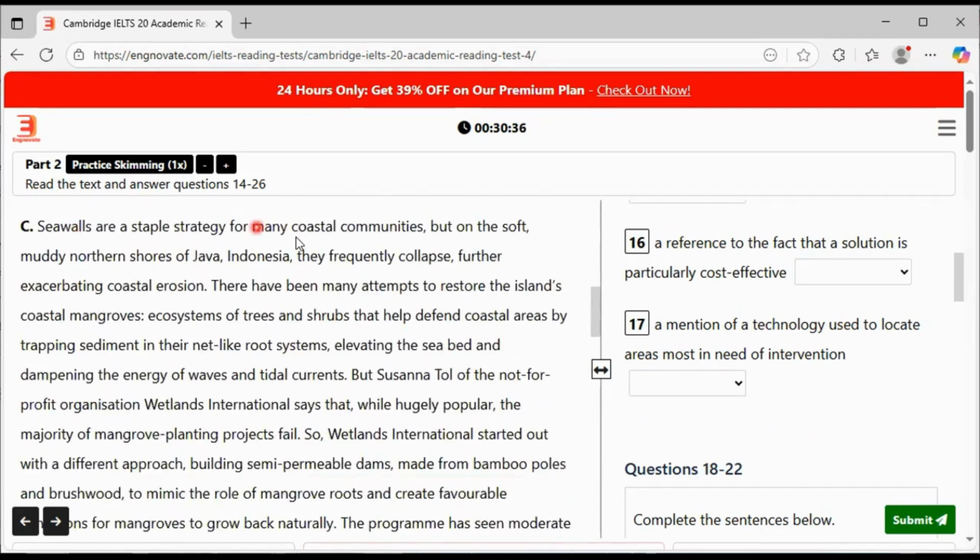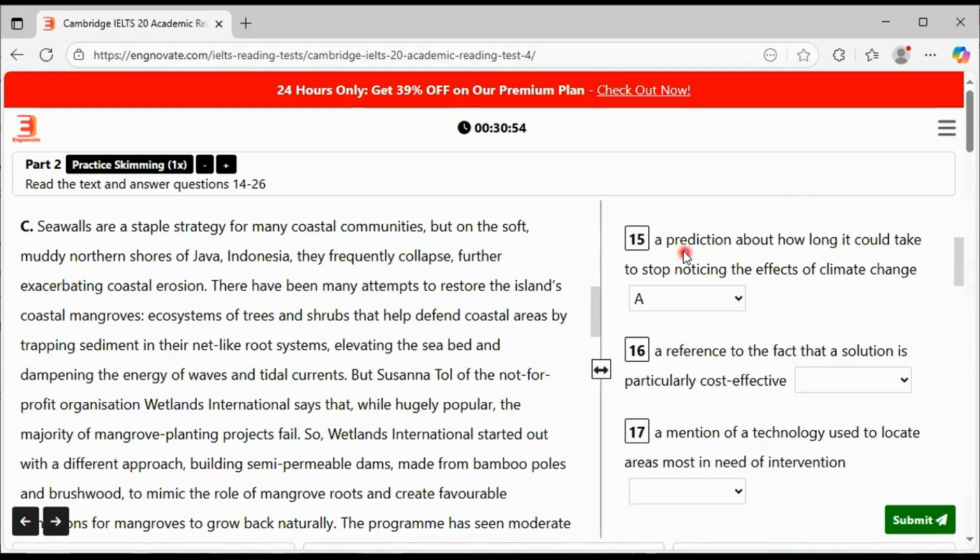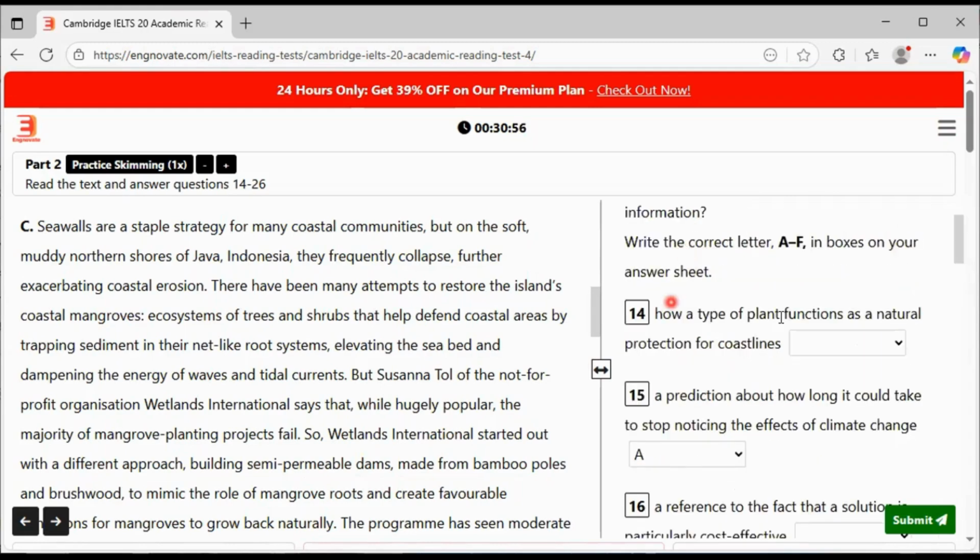Seawalls are a staple strategy in many coastal communities, but on the soft, muddy northern shores of Java, Indonesia, they frequently collapse, further exacerbating coastal erosion. There have been many attempts to restore the island's coastal mangroves. Plants, plants. How a type of plant functions as a natural protection for coastland. That's it.